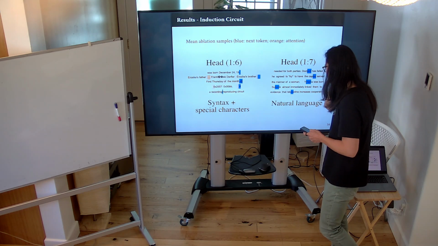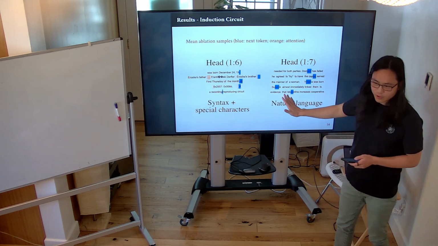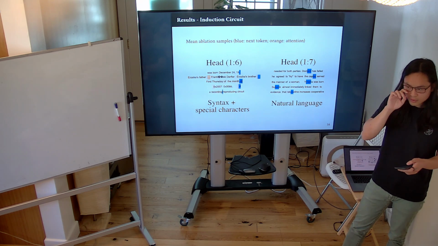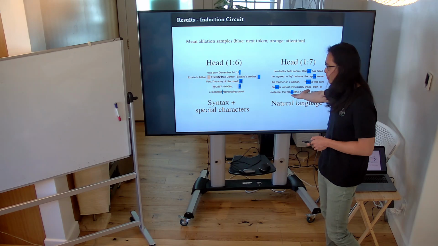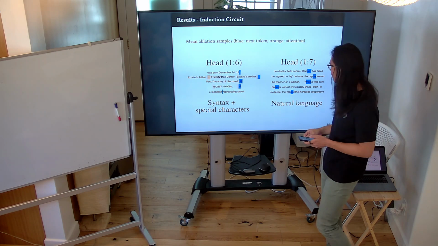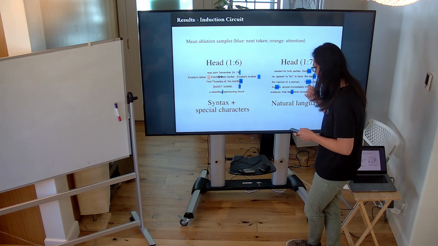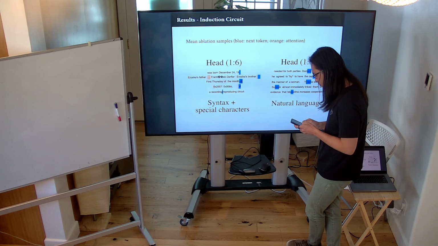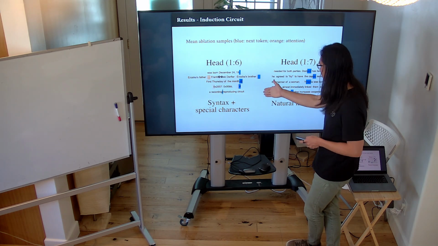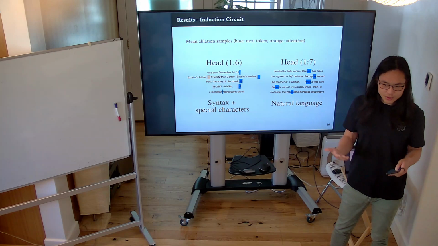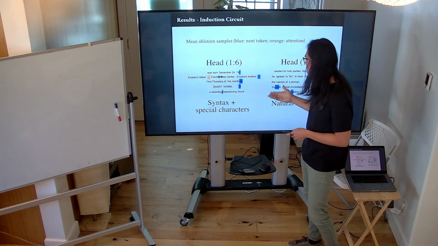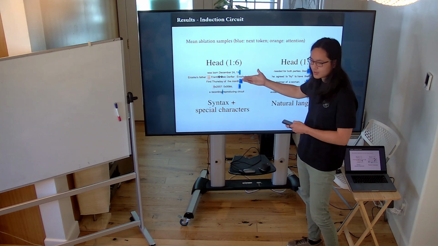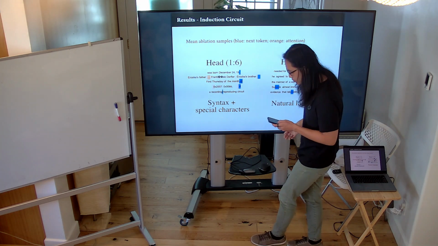If you look at head 1.7, for example, this looks very much like the type of induction head examples that Anthropic had. So these are names, some chemical compound, or a medicine. Then if you look at 1.6 instead, you see a substantially different pattern where, rather than focusing on words, you see this sort of syntax.